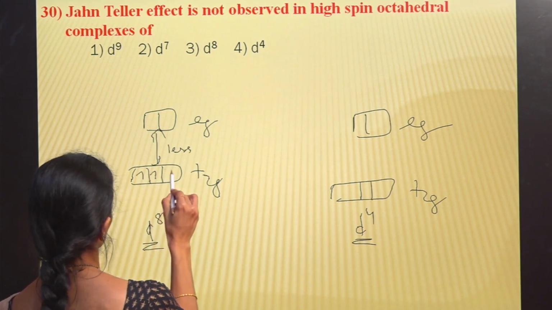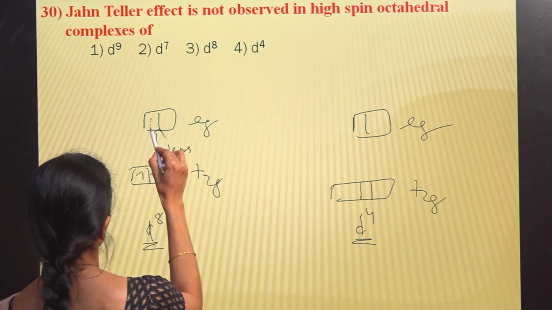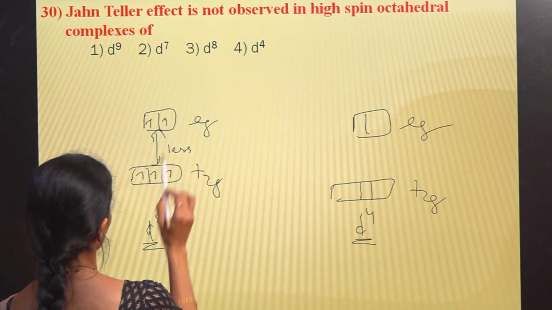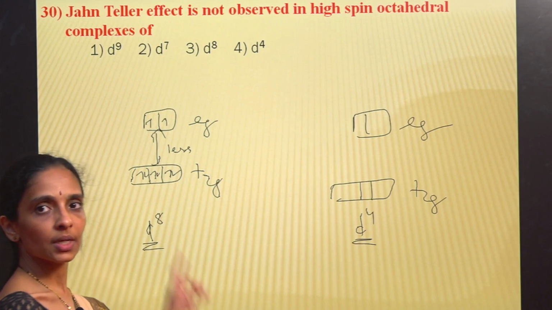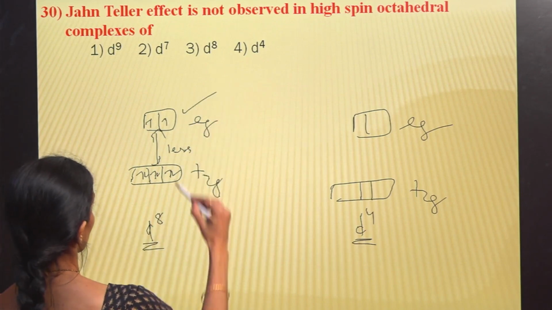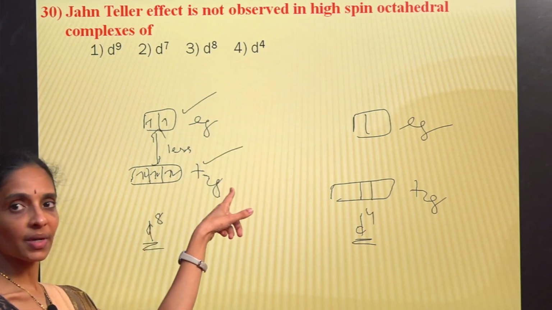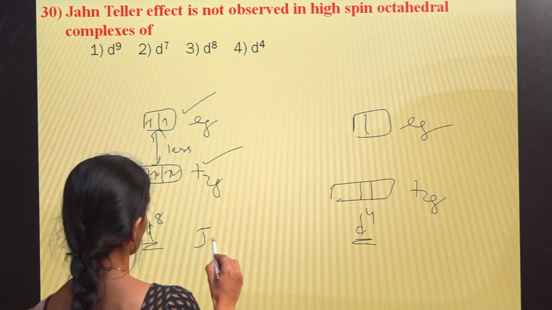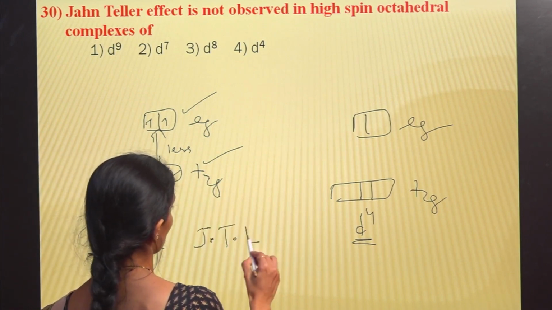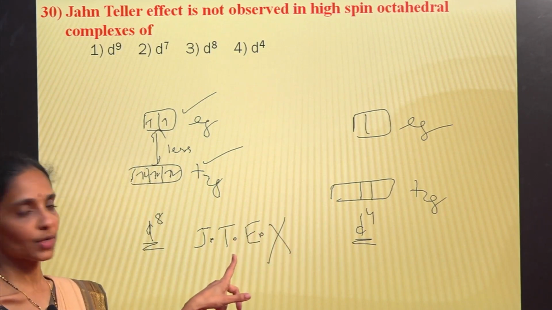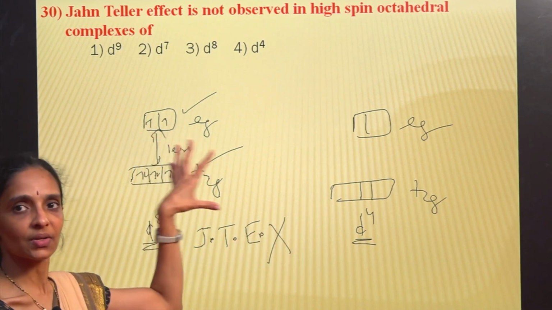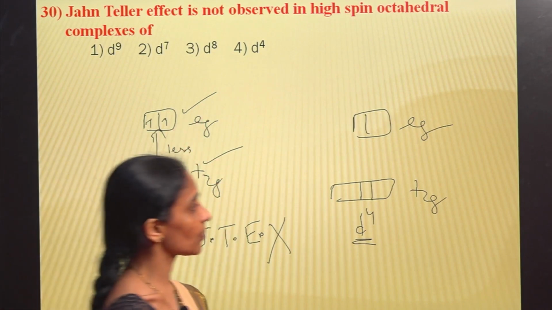So 1, 2, 3, then electrons go up, 4 and 5, the 3 more get paired up. Okay, there is symmetry here, here also there is symmetry. Therefore, this is not expected to exhibit the phenomenon. There is overall symmetry, T2G has it and EG has it too.